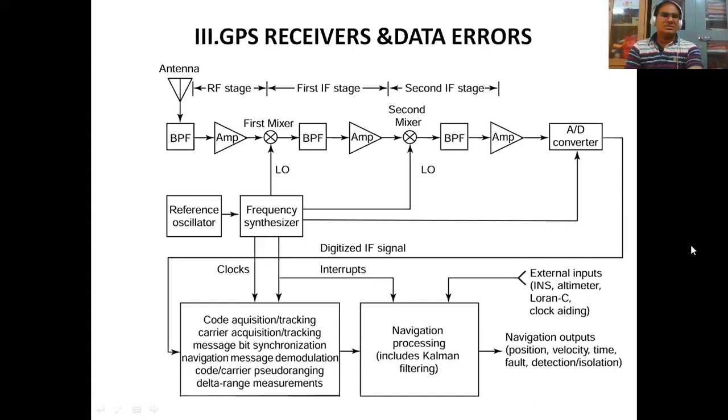Right. So I think I have insisted you to draw this block diagram of a generalized GPS receiver. Of course, for specific applications it may slightly differ, but most of the time these blocks are compulsory, and some new features may be added to this block diagram.